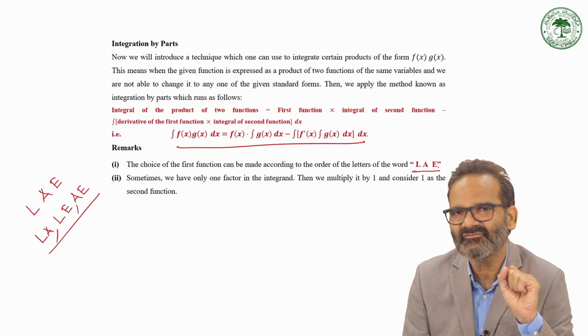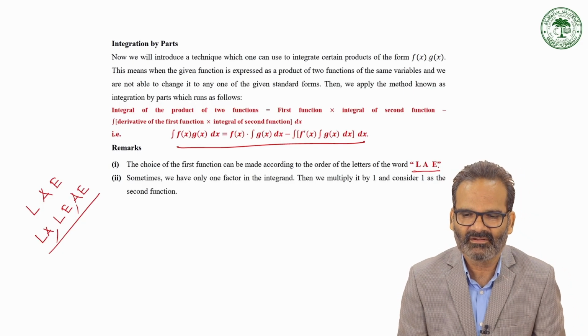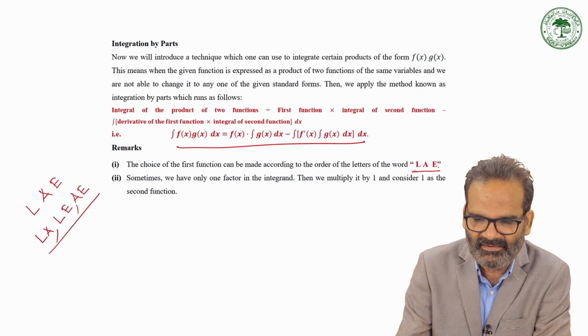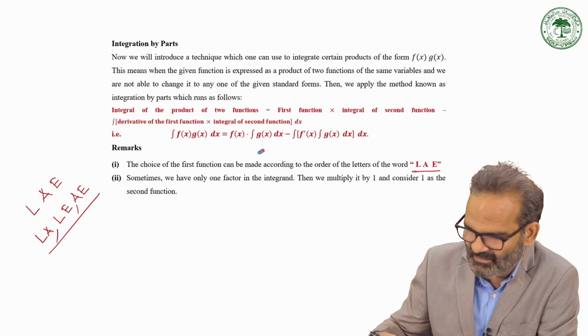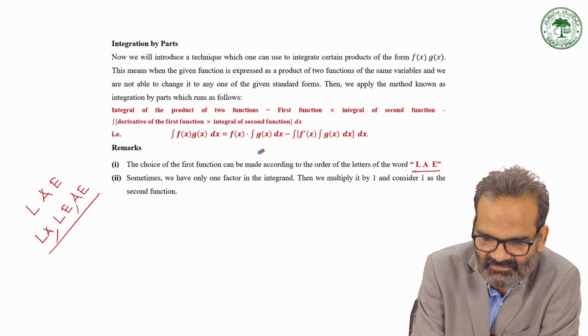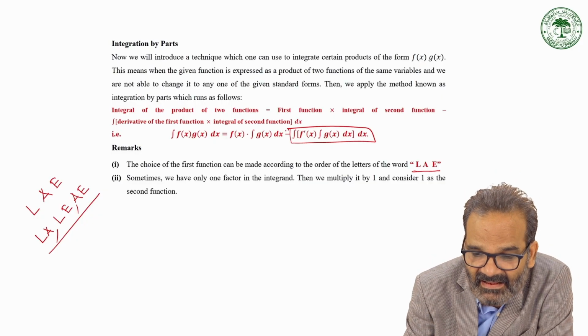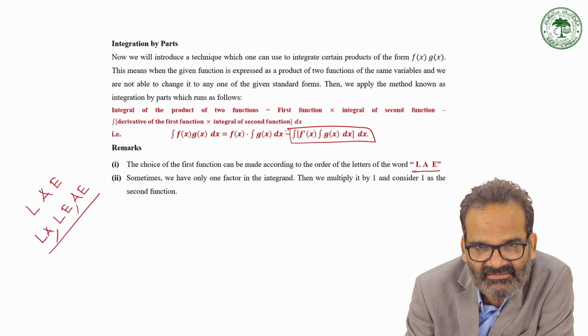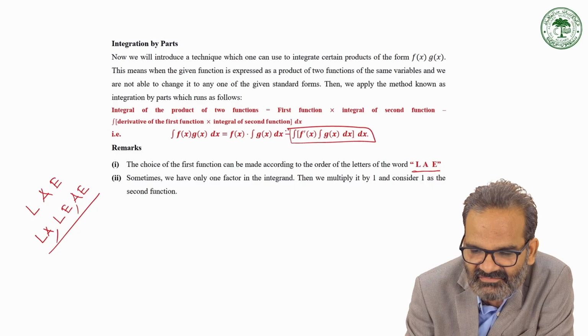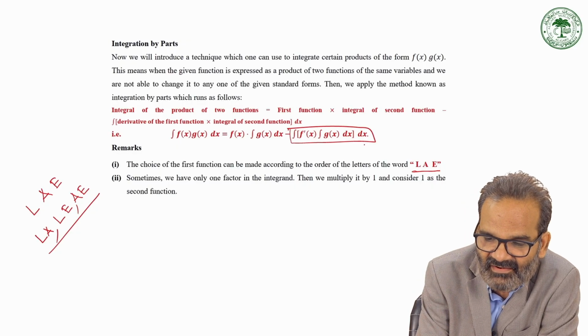And what is the reason for this convention? If you look at this formula, the second portion is this one: f dash x, the derivative of the function, into the integral of g x dx, and then dx. What does it mean?